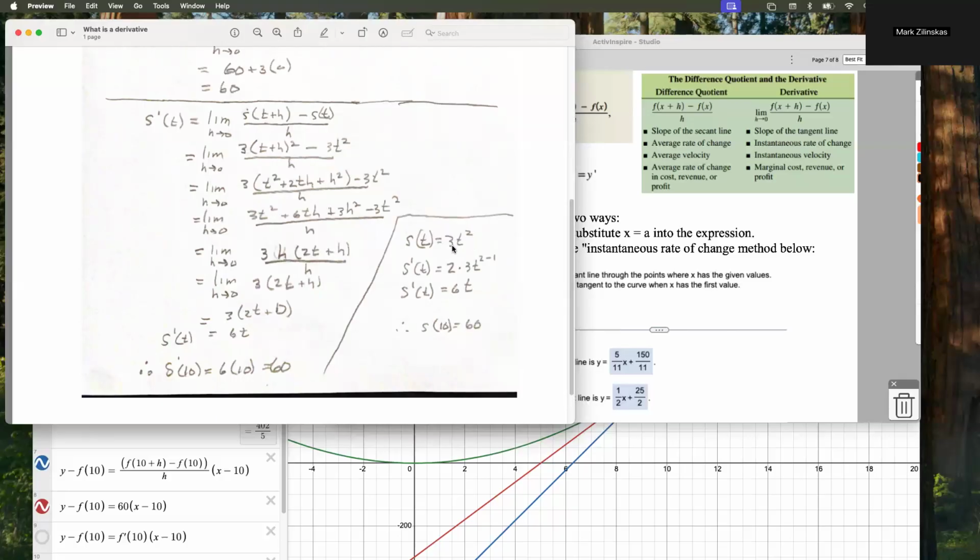So I take the 2 down in front, multiply, subtract 1 here, and I take 2 times 3, and I get 6, and 2 minus 1 is 1, or t to the first power. So you would have to admit, going from here to here is a lot easier using that technique as opposed to going through all this to get my 6t.